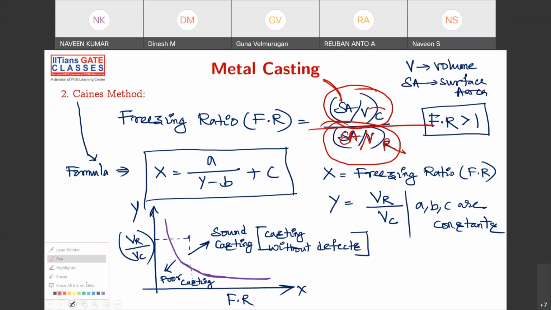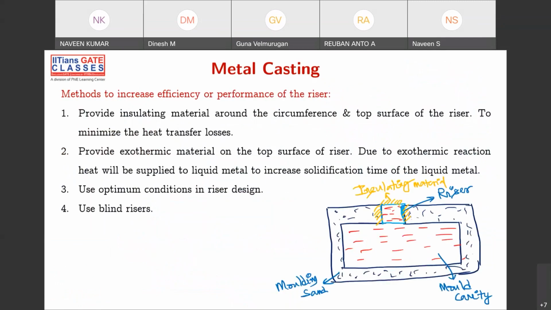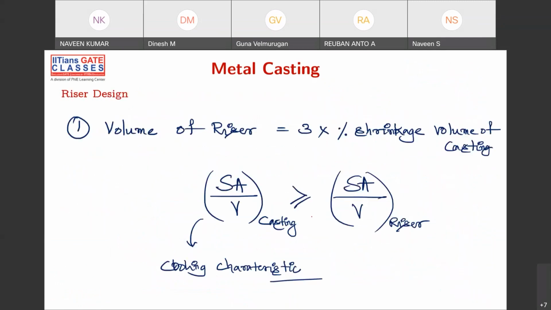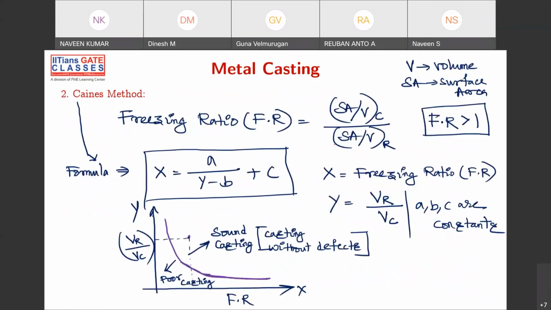Obviously, in the previous slide we have seen that the cooling characteristic of the casting should be greater than the cooling characteristic of the riser. So obviously this is greater than 1, and that is given as the freezing ratio, and that freezing ratio is given as this x coordinate. So x is nothing but the freezing ratio.